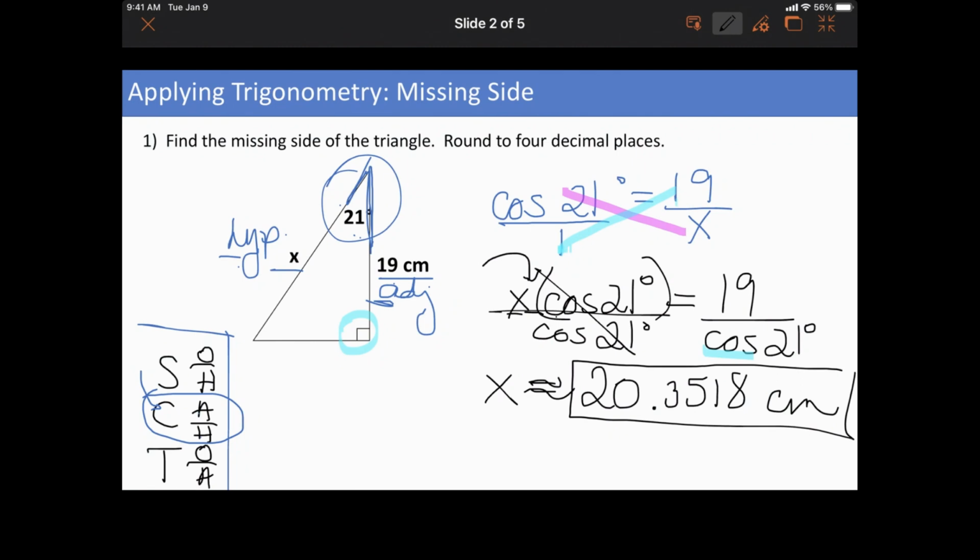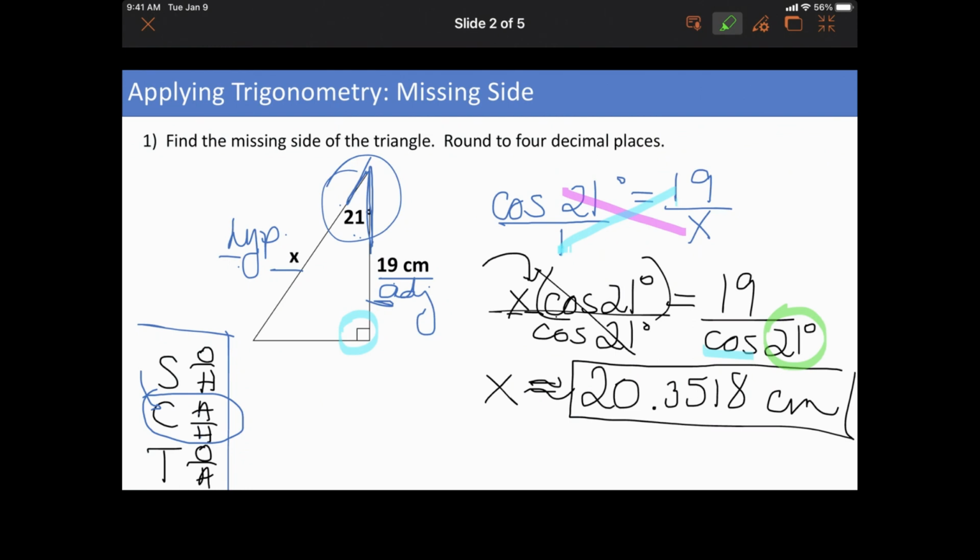Now, if you have a calculator where you do not see the words, okay, I have a calculator that's solar, so give me a moment. This is if you don't see the word cosine, and then you have to type the number first. And when I say the number, I just mean the angle.